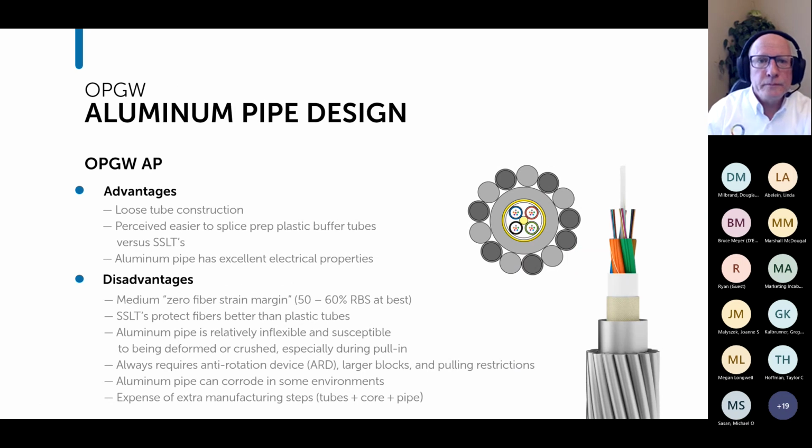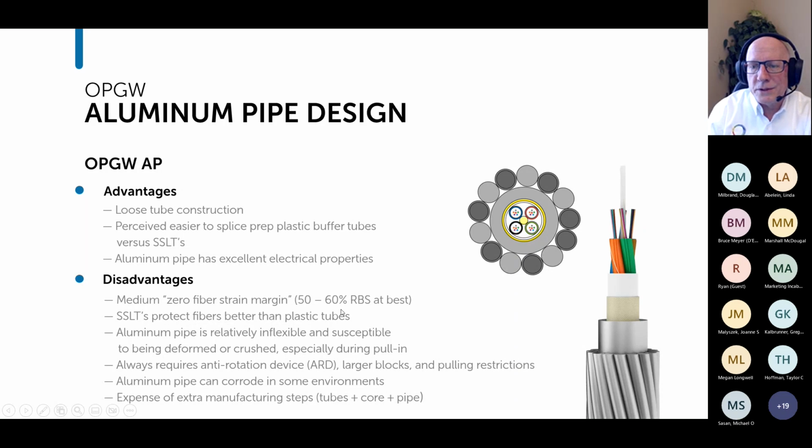Excuse me. Next up, aluminum pipe design. Again, loose tube construction, but again, not all loose tube is fully loose tube. Here you've improved it because you're stranding the tubes around something, and that gets you a boost in your EFL, which means a boost in your zero fiber strain margin.